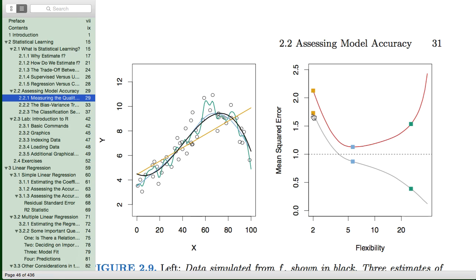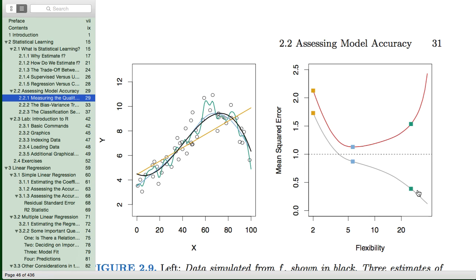So although the inflexible method is the worst in both cases here, the most flexible method is only the best in the case of the training data and not the test data. Clearly, if we knew in advance what f really is, we would prefer the blue method for estimating the test data rather than the more flexible method.